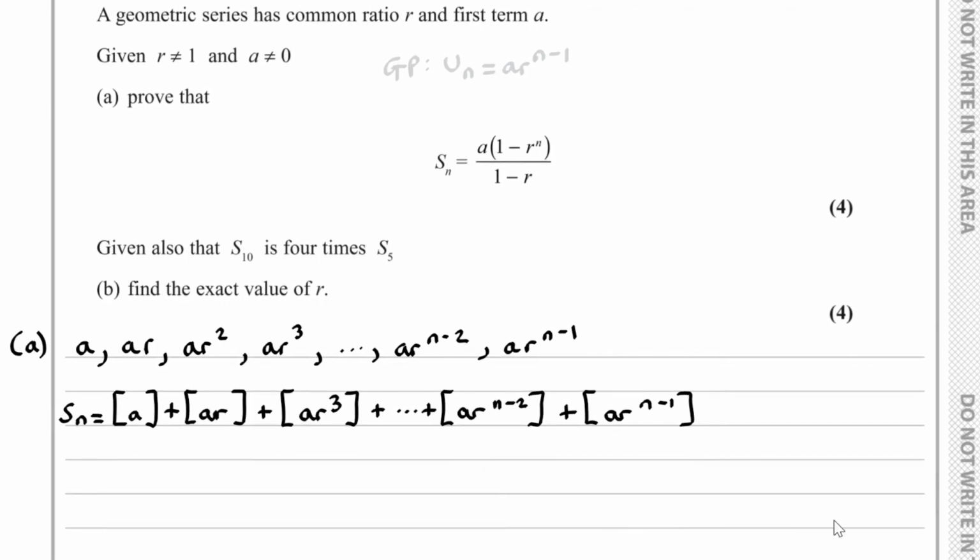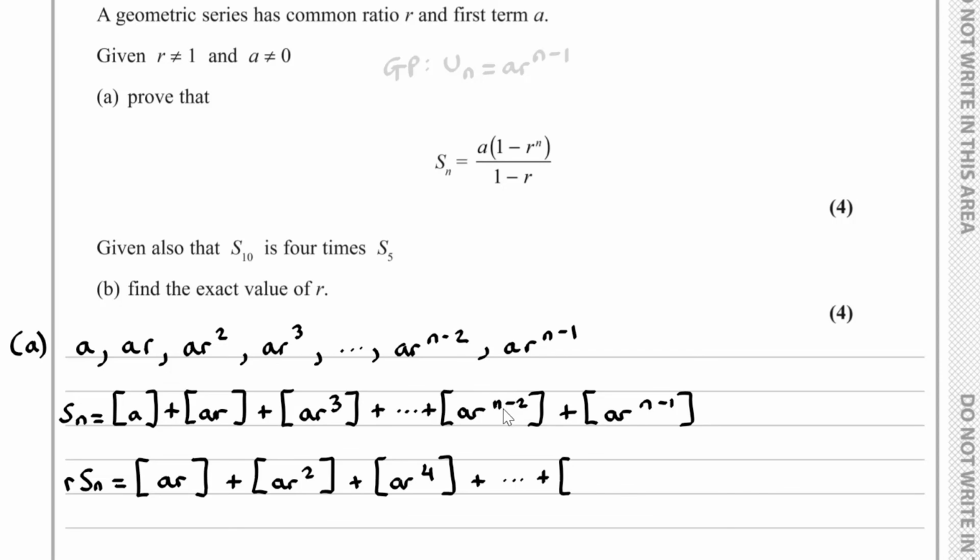So if we now multiply both sides by r, we have r Sn equals, if I multiply all these by r, a times by r gives ar, ar times by r gives ar squared, ar cubed times by r gives ar to the 4, and then we can continue this, ar to the power of n minus 2 multiplied by r gives ar to the power of n minus 1, and finally ar to the power of n minus 1 multiplied by r gives ar to the power of n.